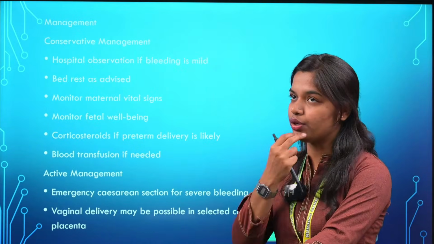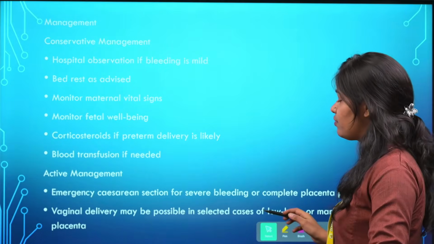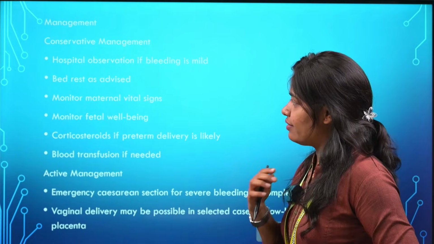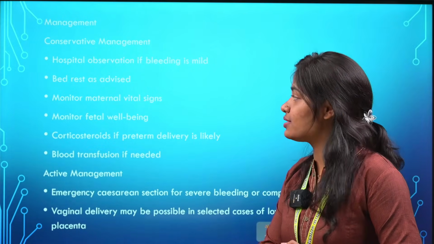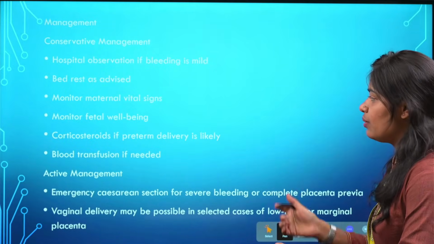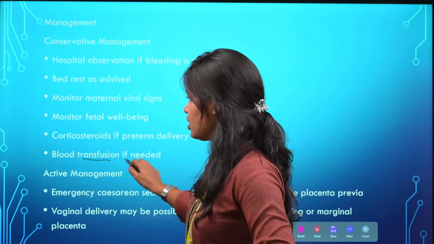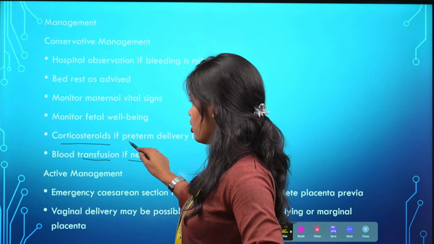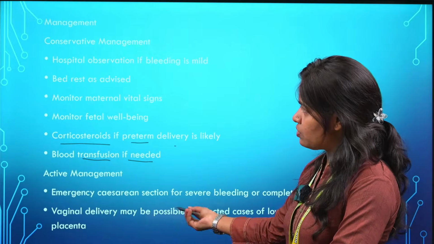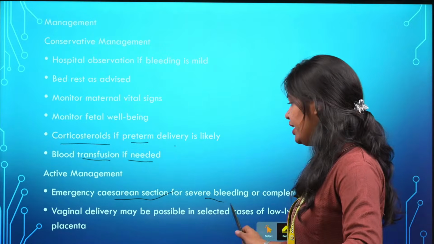Then how we are going to manage placenta previa. First, hospital observation if the bleeding is mild, and bed rest as advised, monitor the maternal vital signs, and monitor fetal well-being. Then if preterm delivery is likely, we do a blood transfusion if needed and corticosteroids if it is preterm labor. Then active management: emergency cesarean section if the bleeding is severe.